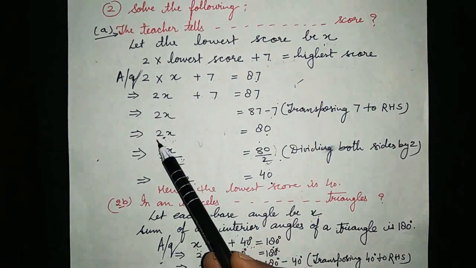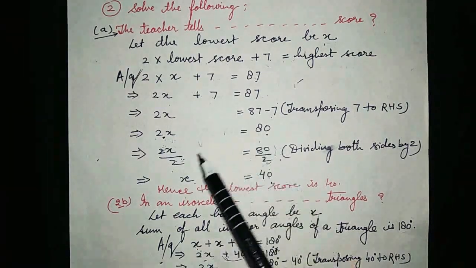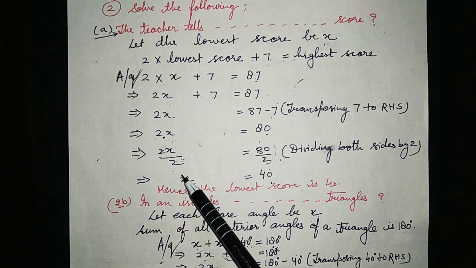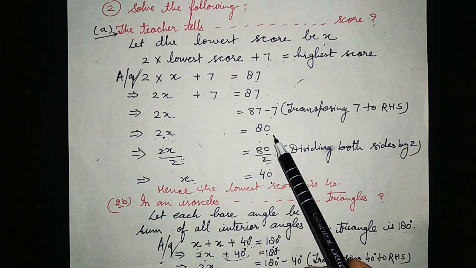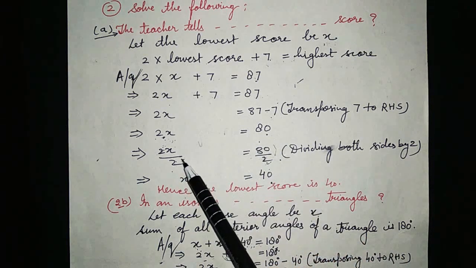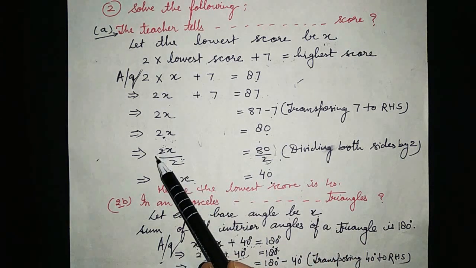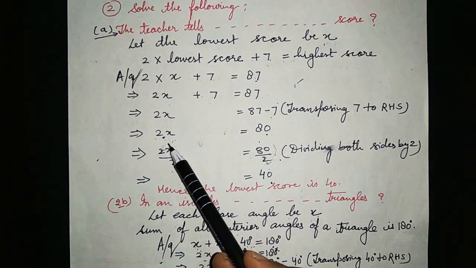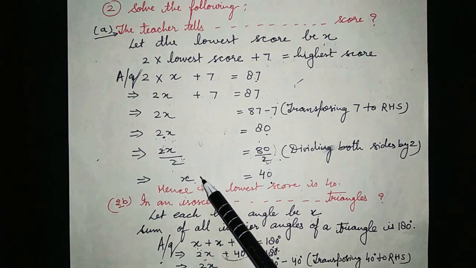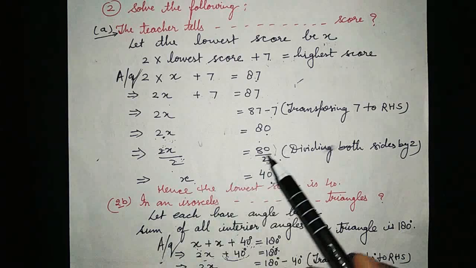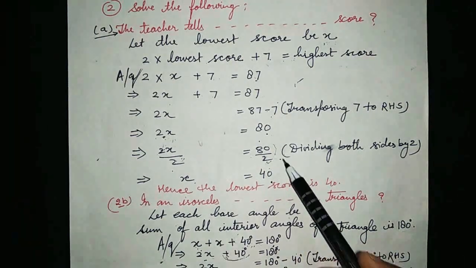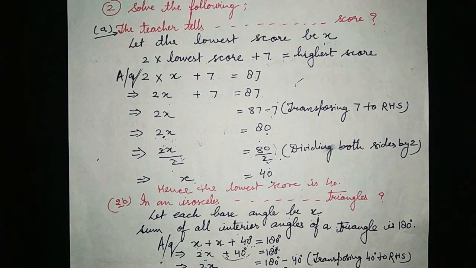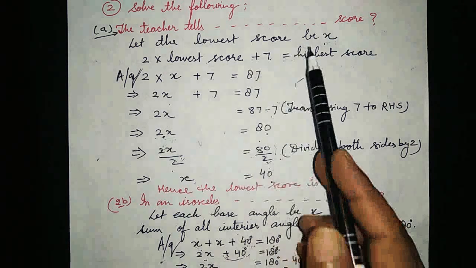For this we will divide both the sides of the equation by 2. After dividing both the sides by 2, this 2 and this 2 we can cancel. 1 will come, 1 into x, we will get here x. Now if you divide 80 by 2, we will get here 40. So the lowest score is 40.